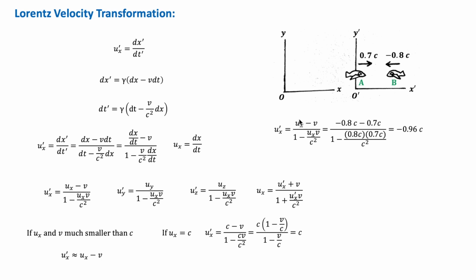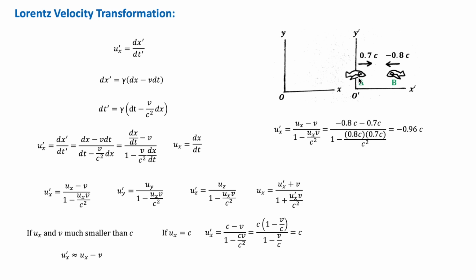And so the velocity of B with respect to A is ux dash and is found from this expression, and it is equal to minus 0.96 c. And so the negative sign here shows that the spaceship B is moving in the negative x direction as observed by the spaceship A, which is the S dash frame, okay?